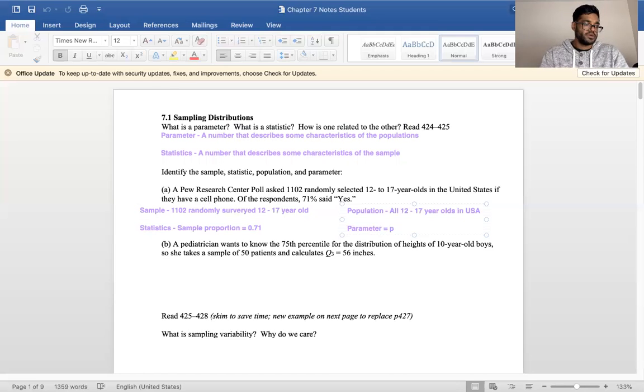The proportion of all 12 to 17-year-olds who own a cell phone. So again, P, think population, S, think sample. And then our sample in this case is the people that we surveyed. And then what did we find? The thing that describes this sample is the 71% that said yes, compared to the population, which is all 12 to 17-year-olds, and this parameter being the true proportion of people that own cell phones.